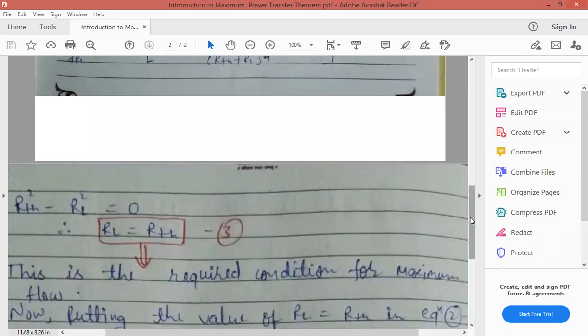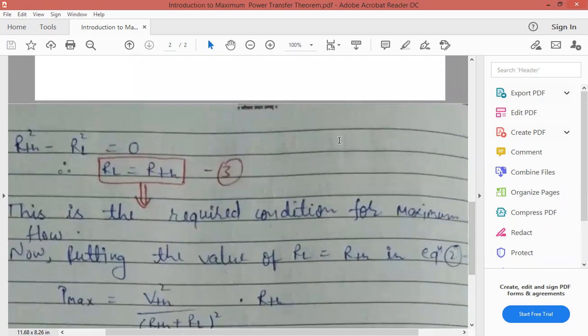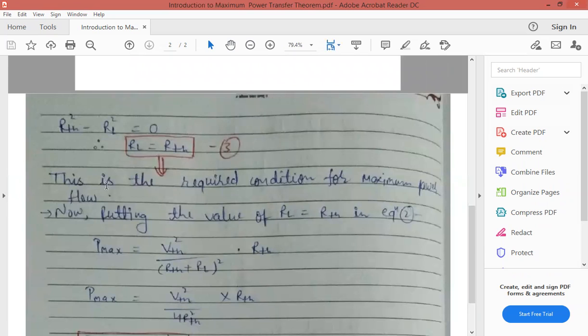This is our equation 3. This is the required condition for maximum power flow. RL equals RTH is the required condition for the maximum power flow through the load resistor RL.